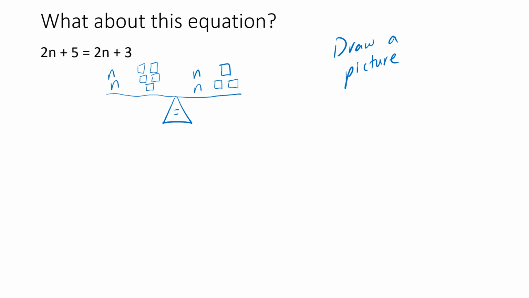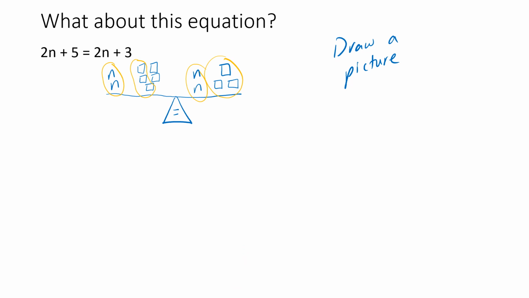You have 2 n's on both sides, so the 2 n's should balance each other out. And then you've got 3 of the little blocks on the right, but over on the left, you've got 5 blocks. So you might think of it this way: the n's balance each other out, and 3 of those blocks are going to balance each other out. But you've got this problem where the left-hand side actually has 2 extra blocks.